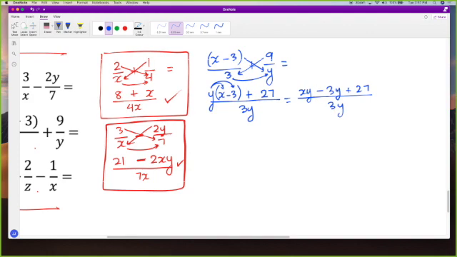All of these are addition and subtractions over the same denominator. So I could split it up over the same denominator. xy over 3y minus 3y over 3y plus 27 over 3y.